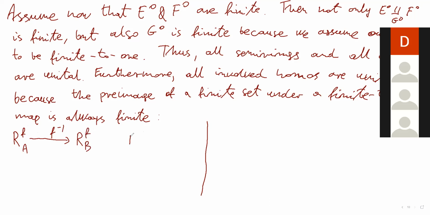So F is a map from B to A. And I'm taking the unit of RFA, which is A0. But of course, this is just equal to B0, which is the unit in RFB.